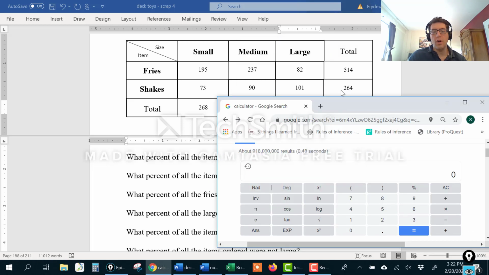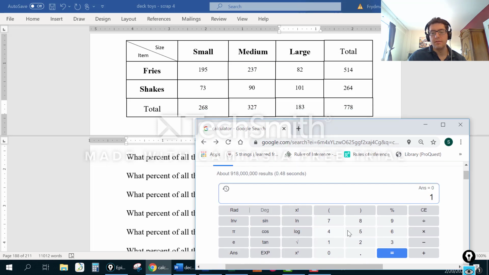Okay, so 183 divided by 778 equals 0.23521, and so on. Let's round that to the nearest tenth of a percent.